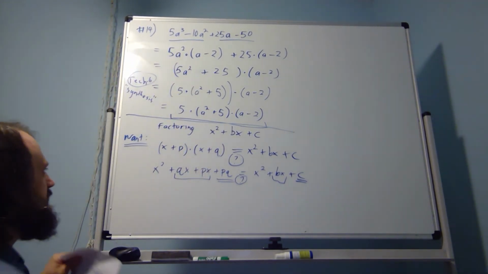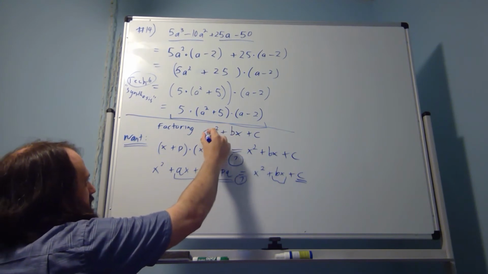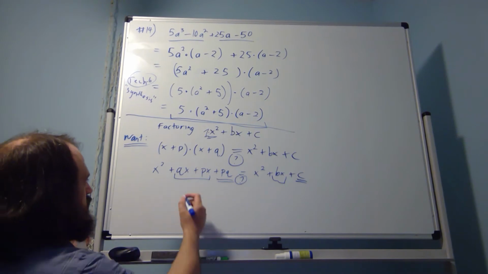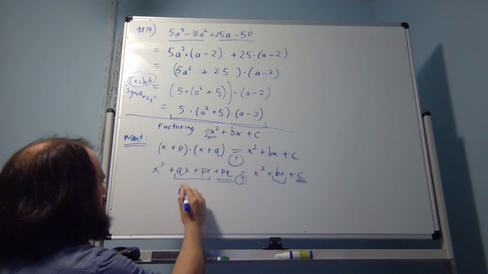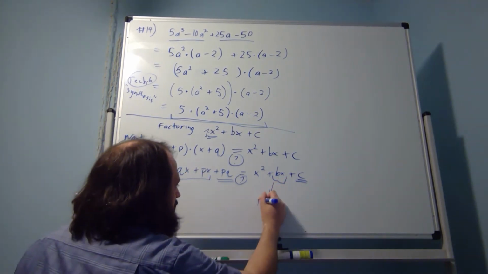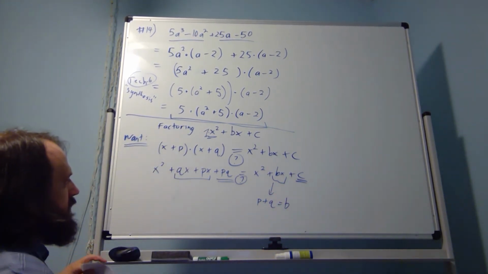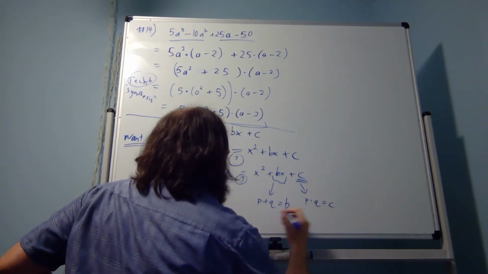What are you looking for when you have a polynomial where the leading coefficient is 1 on the x squared term? You want p plus q to equal b, and you want p times q to equal c.